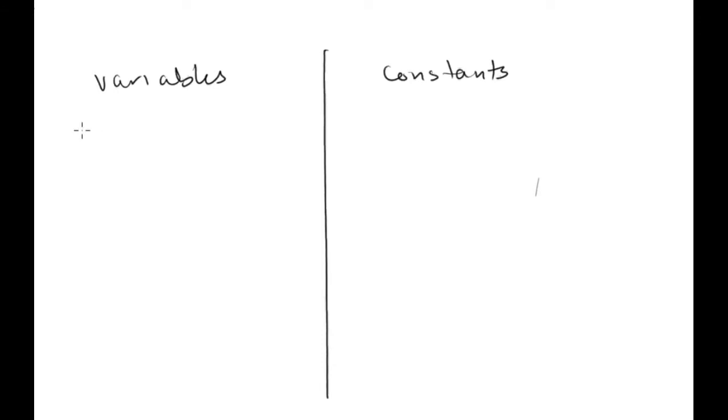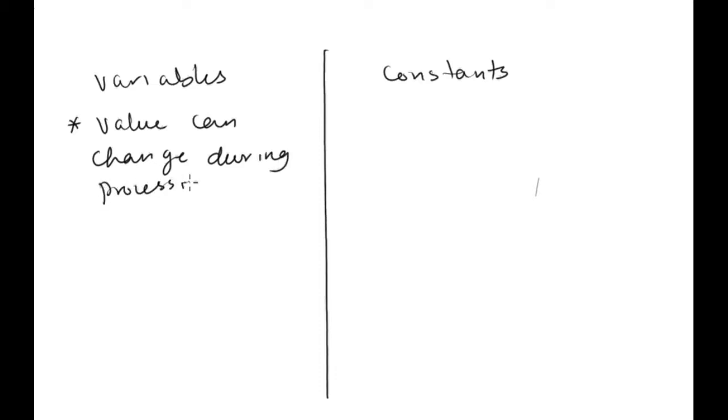So with a variable, the value can change during processing, with a constant, the value never changes. Alright, so that's the main thing you need to keep in mind when we're talking about variables and constants.